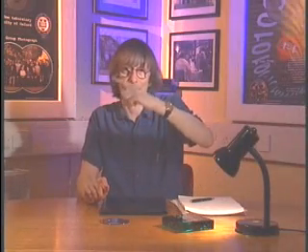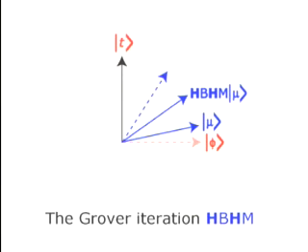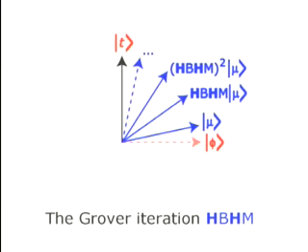So each Grover iteration rotates the state a little closer to our target. Until we go past it and then get further away from it again. So it's vital to choose the right number of iterations.